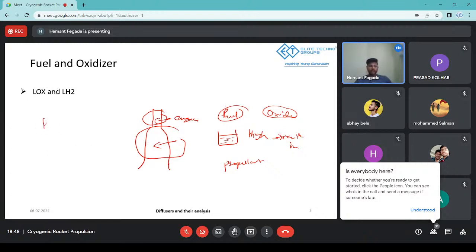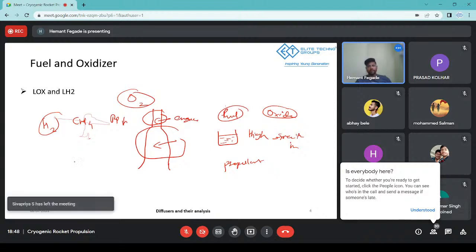So you will use hydrogen, or methane, or RP1. RP1 is basically refined petroleum. While you're using these propellants, you'll also use oxygen, which is your oxidizer. This is your fuel that is going to get burned. And with these propellants, you need a high calorific value.